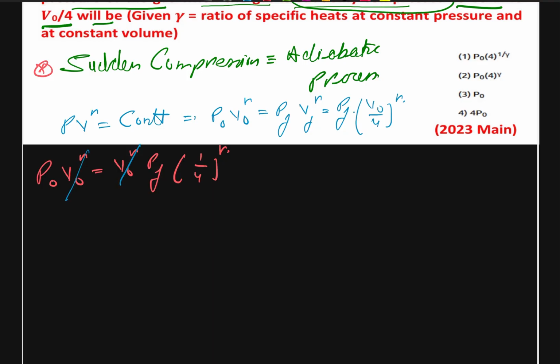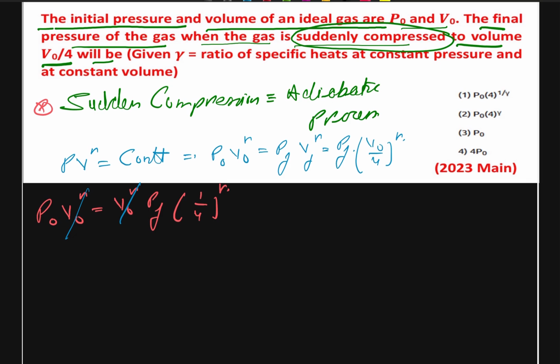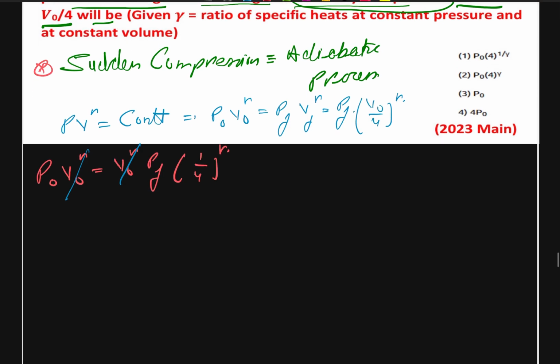This V0 cancels out. We need the final pressure, so the final pressure will be equal to P0 times 4 raised to power gamma. So option 2 is correct.